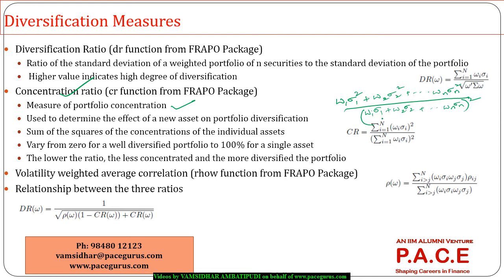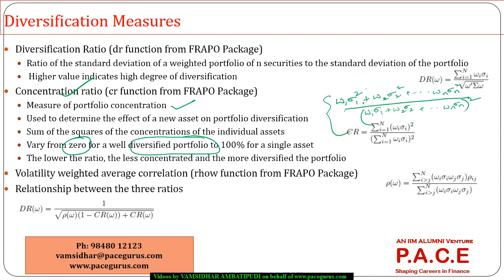So if the interaction terms are much more in number, the numerator will be very small compared to the denominator. So the ratio could be very close to 0. If the overall ratio is very close to 0, it indicates that my portfolio is very much diversified.